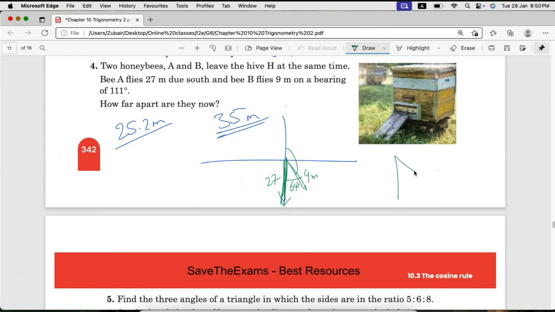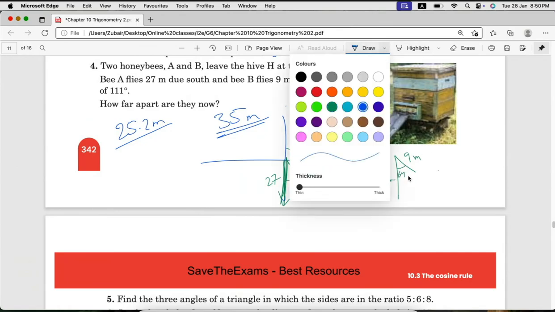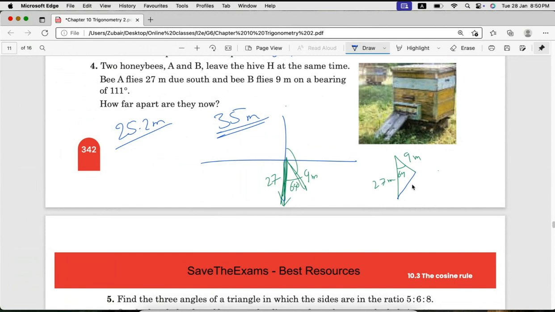So basically 9 meters, 27 meters, and the angle between them is 69, and we need to find this side. Let me just name it x. That's x squared is equal to the two squares added, minus 2 into 9 into 27 into cos of 69.